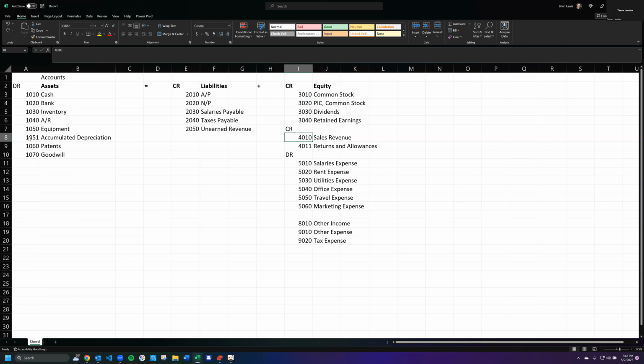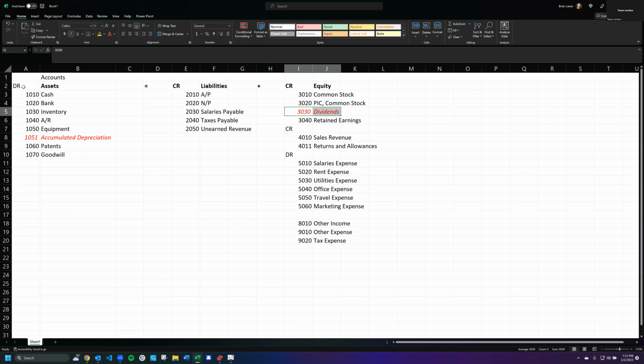What that means, though, there's a couple that are a little funky. They're called contra accounts. I'll put these in red. Contra accounts means that effectively they do the contrary to what the other accounts do. So in an asset account, the normal balance is a debit.